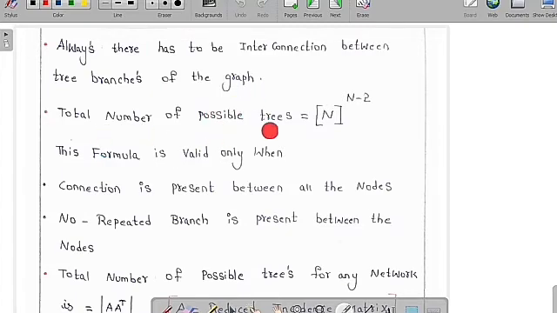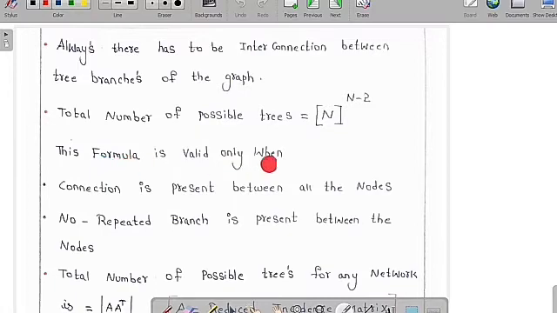The total number of possible trees: suppose the graph has n nodes, then the number of possible trees we can obtain is equal to capital N to the power of capital N minus 2. So n to the power of n minus 2 is the number of trees we can obtain with the help of n nodes.